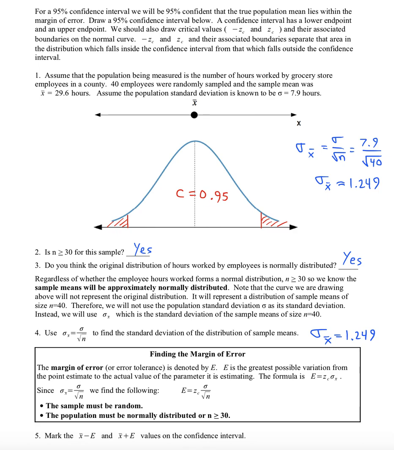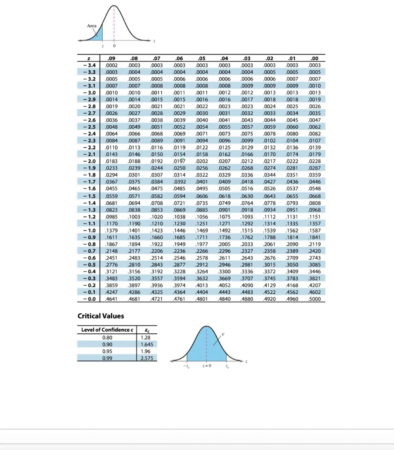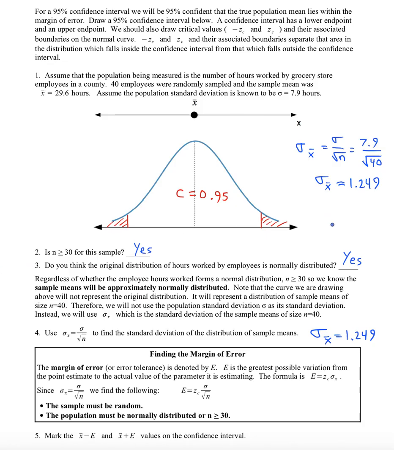Let's go to the tables to find out what ZC corresponds to 95% confidence interval. Okay, we'll just go down here to our shortcut table. Here's the 95% confidence interval. The ZC that goes along with that is 1.96. So we can actually write those down right here. This is going to be our ZC. And then we have our negative ZC as well.